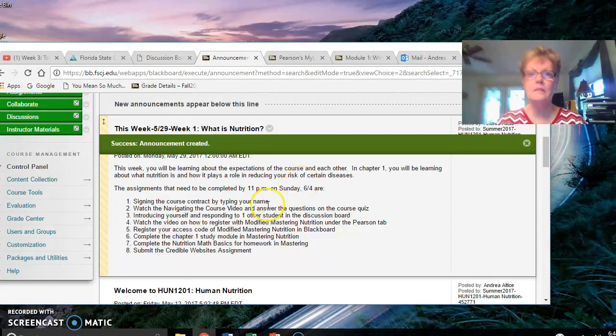Your assignments this week need to be completed by 11 p.m. on Sunday, June the 4th. First of all, sign the course contract electronically by typing your name.